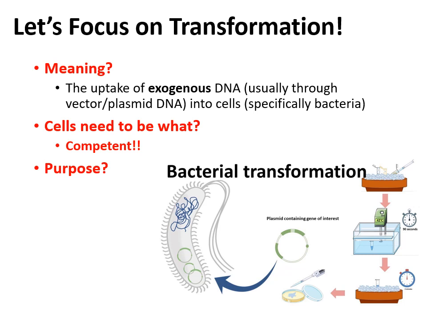Now you may ask yourself, we do transformation so much in the sciences. Why? What's the purpose? Well, transformation's purpose is to allow us to get new, foreign genes into bacterial cells. Once that new DNA is in those bacteria, what will the bacteria do for you? They're like little factories.